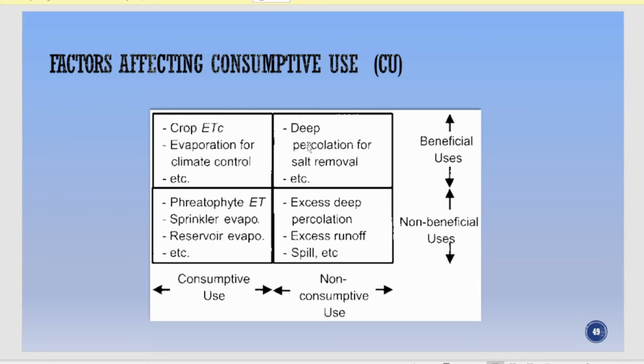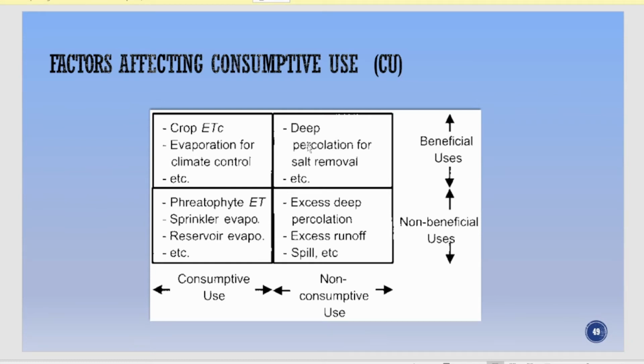Because of that, the entire farm may go barren, or become useless or non-agricultural. It becomes impossible to irrigate or practice agriculture on those fields. So when you apply water, and the water percolates deep down, it carries the salt also.